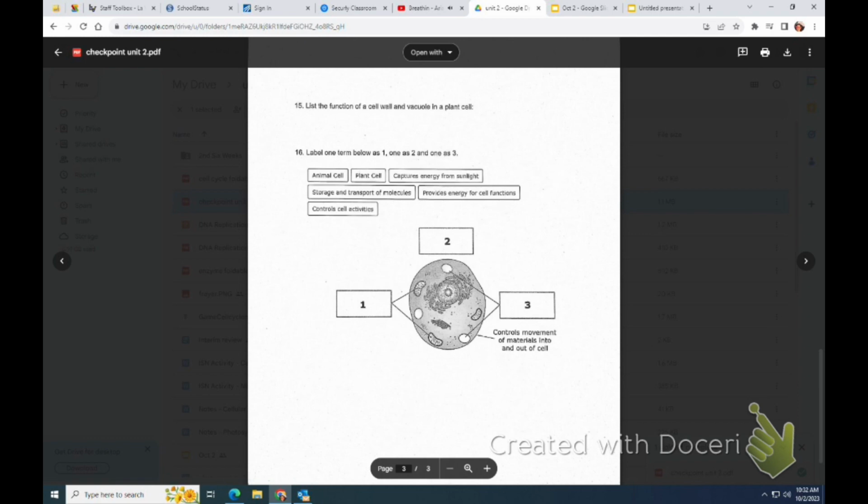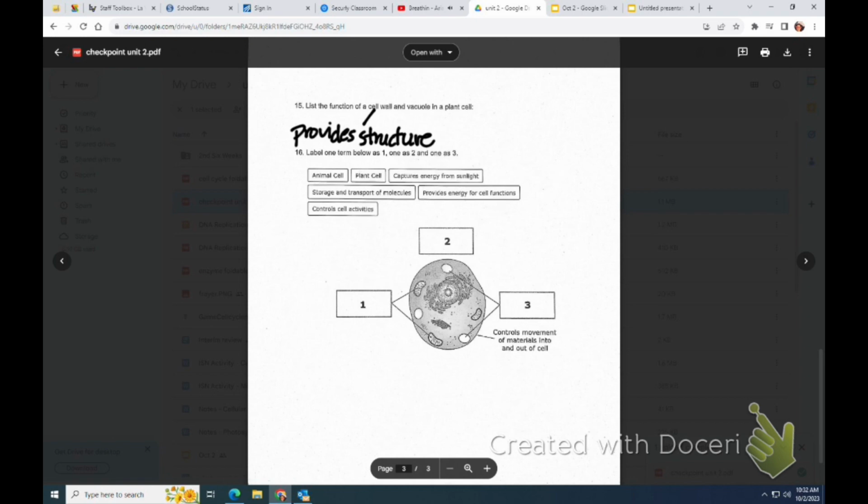Number 15. Who can tell me what is the function of a cell wall? That's the cell membrane. Provides structure. Who can tell me the function of a vacuole?